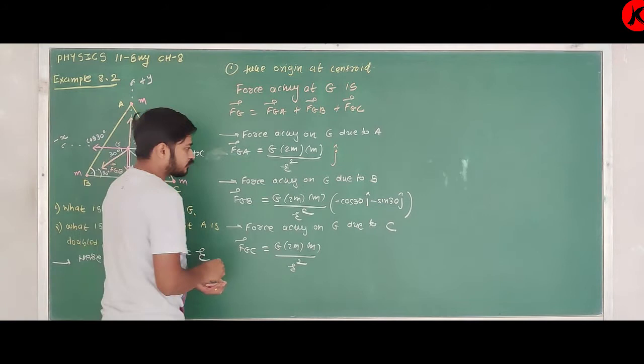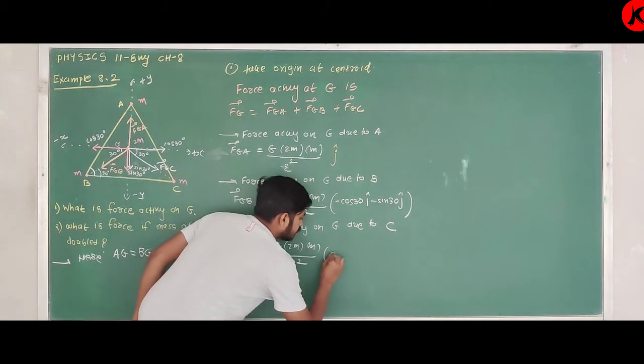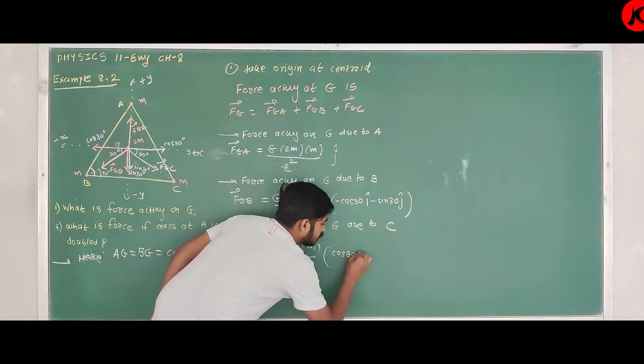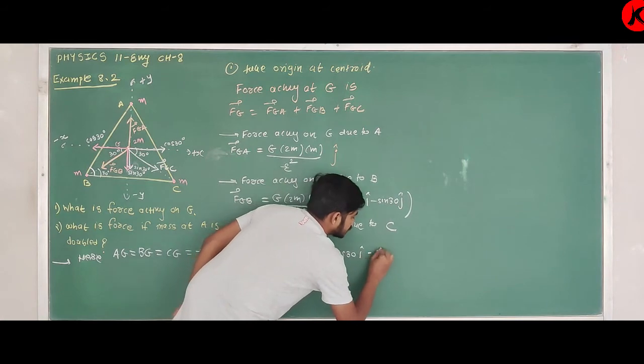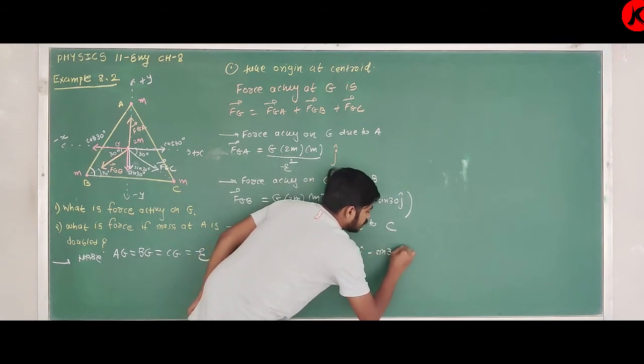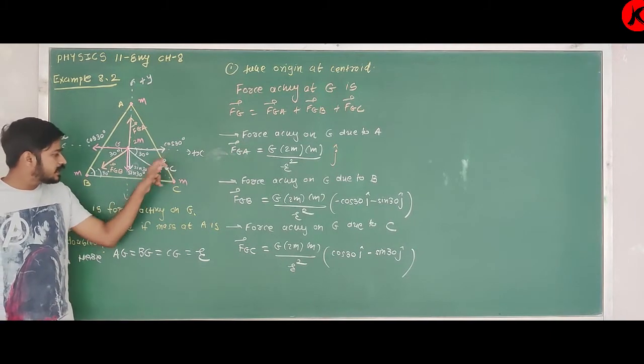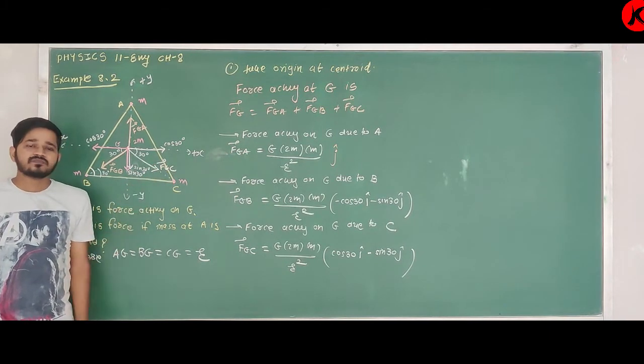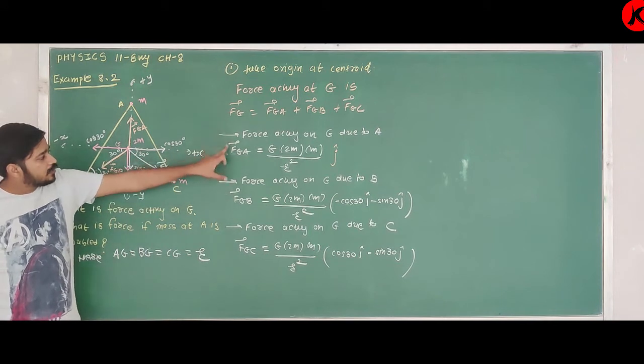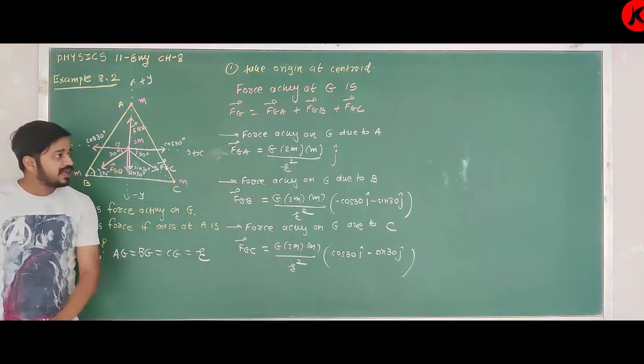So how to write this unit vector? I can write this unit vector as cos 30 i minus sin 30 j. Any doubt? So yes, we have FGA, FGB and FGC.